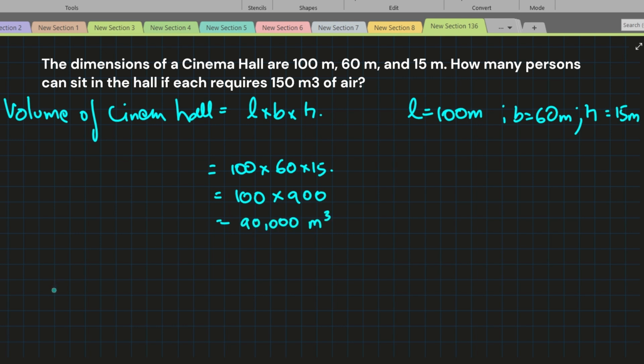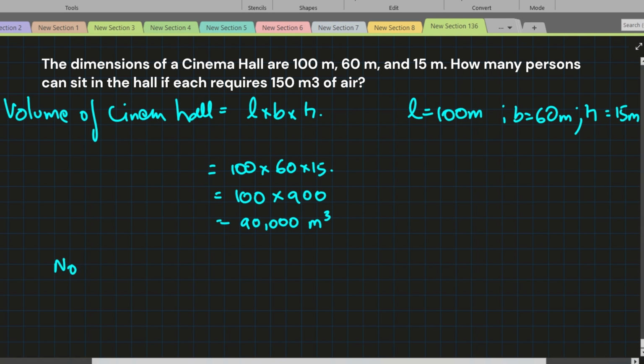Now the volume of air is given as 150 meter cube. So we find the number of persons by taking the ratio of volume of cinema hall to volume of air inside the cinema hall.